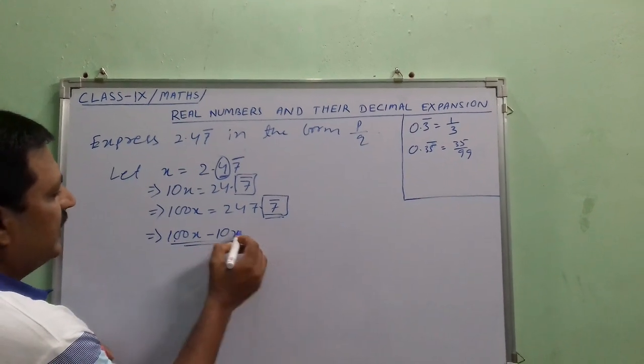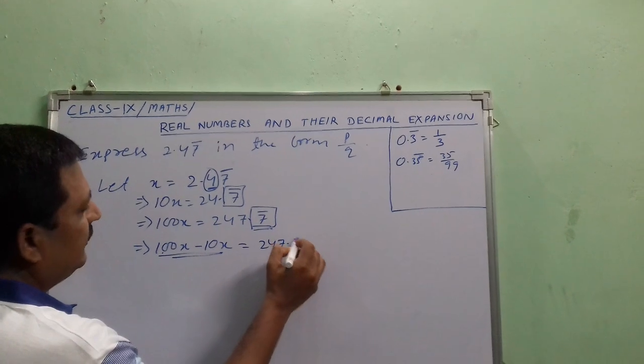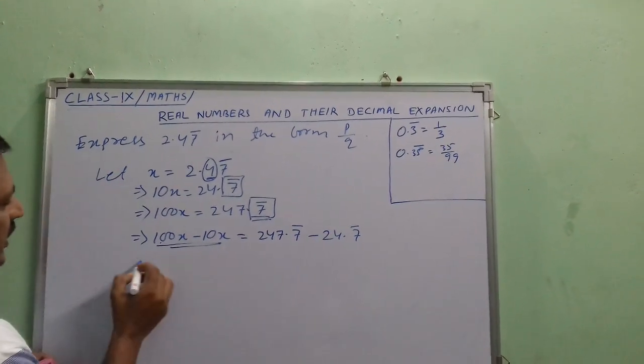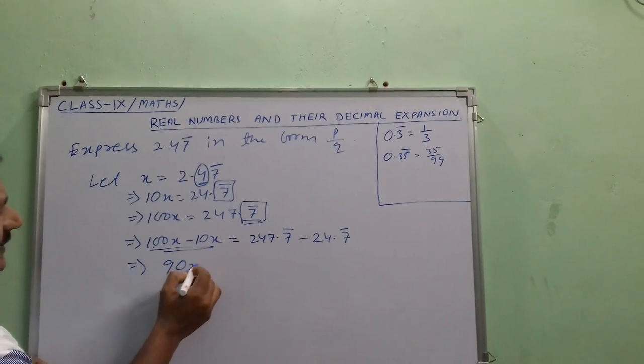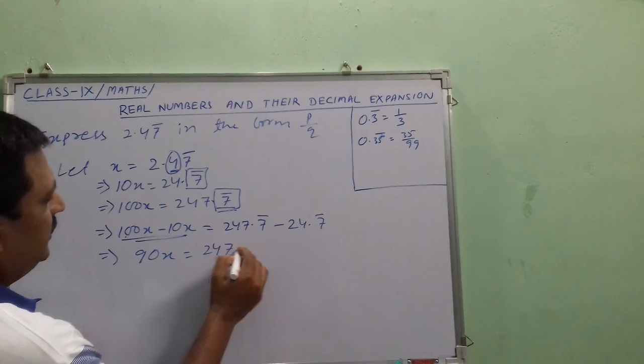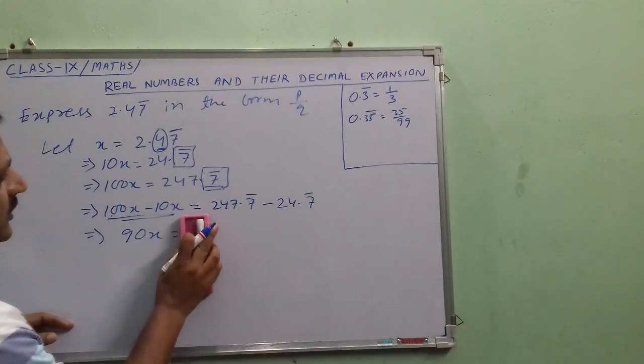So 100x minus 10x will give you 247.7 bar minus 24.7 bar, and this gives 90x equal to 247 minus 24, right? 247 minus 24.